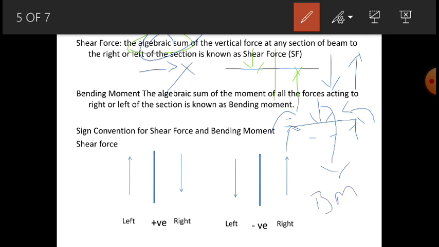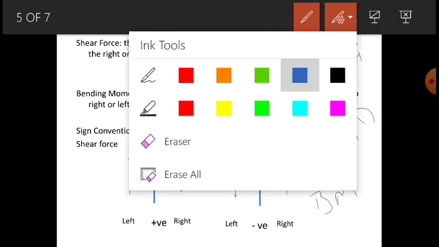You can write it as BM. Because of the application of forces, moment is caused. Due to that moment, the beam or the structure will bend, so it is called bending moment.